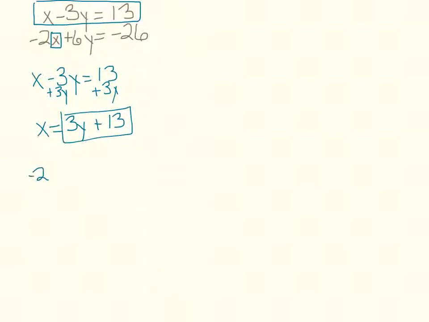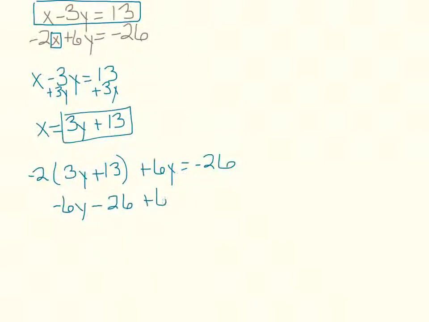So negative 2 times 3y plus 13, again in parentheses, plus 6y equals negative 26. So negative 6y minus 26 plus 6y equals negative 26. Again, our y's cancel, and you're left with negative 26 equals negative 26.